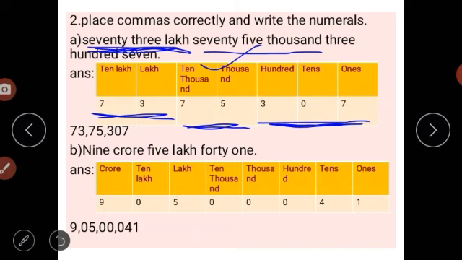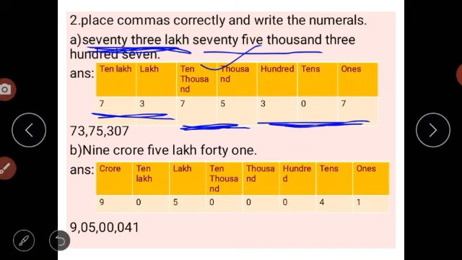So what does our number become? 73, and after that we use a comma. Why? Because 73 is our lakhs, and to represent lakh we use a comma. Next is 75; after 75 again we use a comma to represent the value of 1000. Next, 307 is remaining. Getting it?